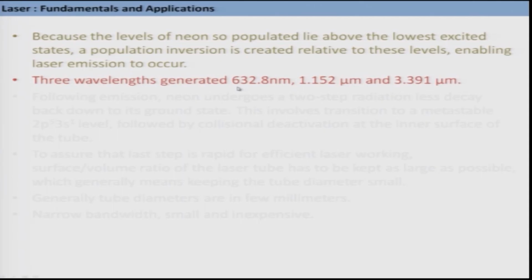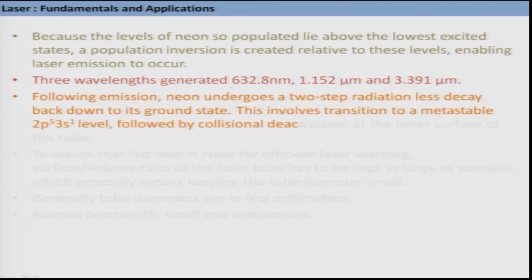And there are three possible laser wavelengths that can be obtained: 632.8 nanometer, 1.152 micrometer, and 3.391 micrometer. The most common wavelength for helium neon or HeNe laser is 632.8. There are a lot of applications of these HeNe lasers, and for any optical alignment, the HeNe laser is the one that is used.